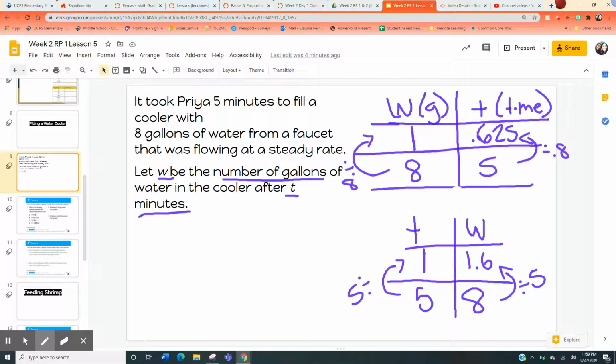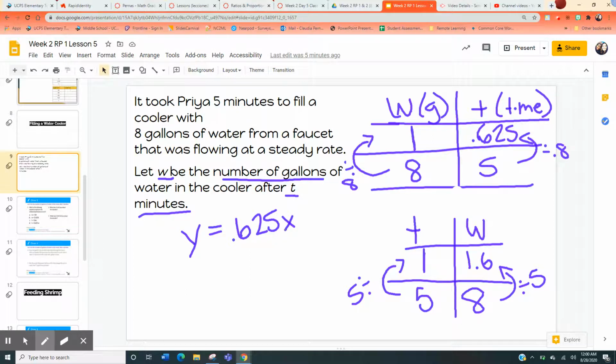So I have 2 different stories here. For my first T-chart or table, I have an equation that's y equals 0.625x, and that tells me that it takes 0.625 minutes to fill 1 gallon.